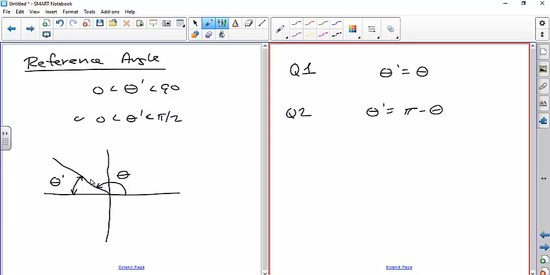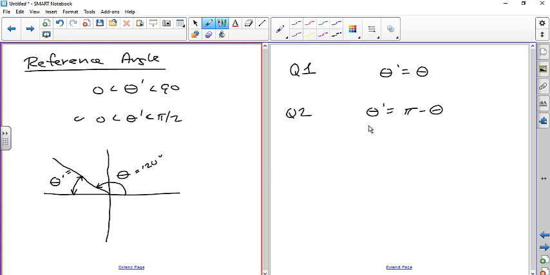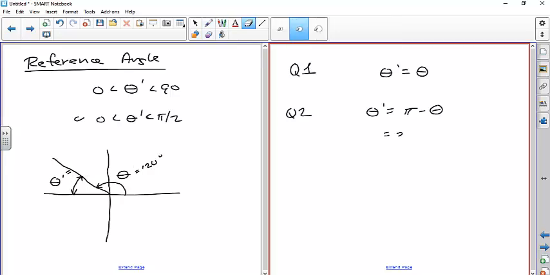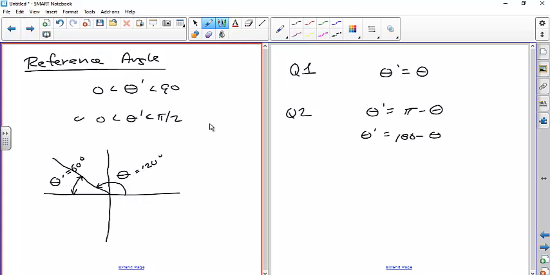If this was 120 degrees, then in degrees it would be 180 minus theta. So theta prime would be 180 minus 120, which would be 60 degrees, which is between 0 and 90.